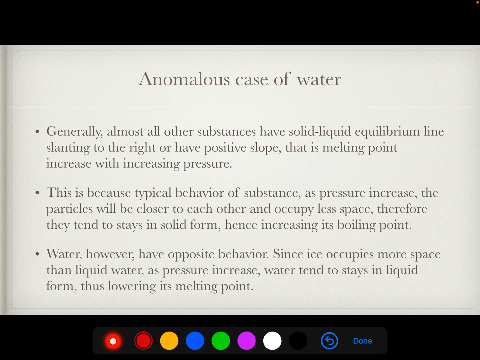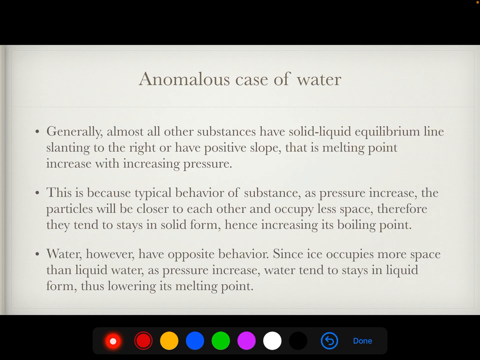The substance becomes compressed and more compact, so the particles occupy less space. Therefore, as pressure increases, other substances will prefer to stay in solid form. Therefore the melting point will increase, as it is much harder for the solid to change to liquid.